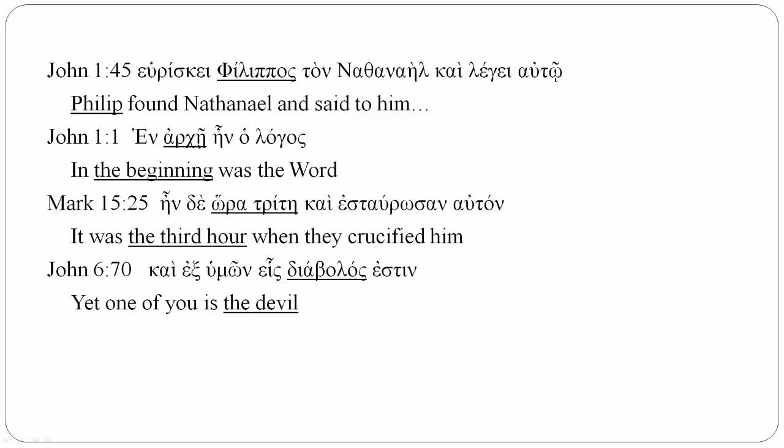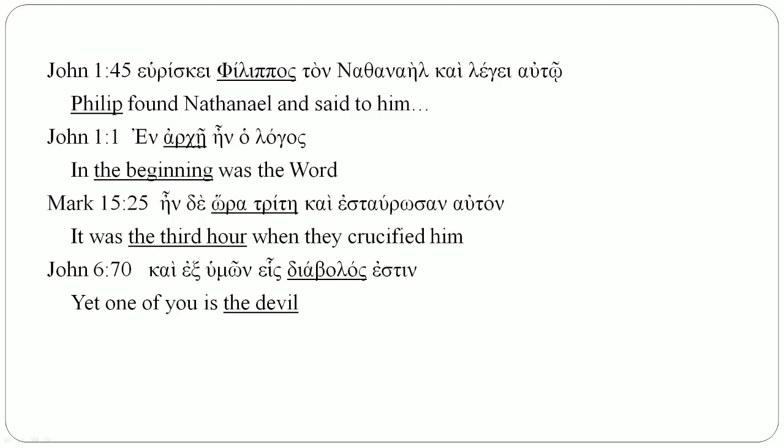I think this is another monadic use, similar to John 1:1. One of you is the devil, referring to Judas. Jesus is talking about, I've chosen all of you, and then he says, yet one of you is the devil.